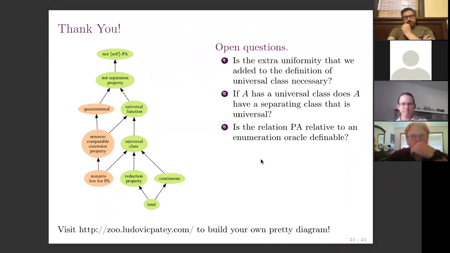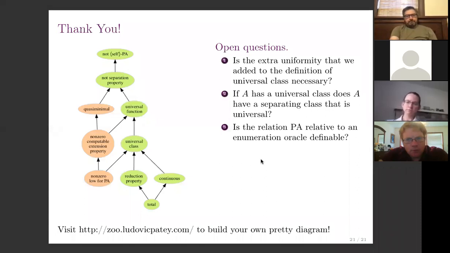For effectively inseparable pairs, you can extend in a way that looks similar, except you're in the enumeration reducibility sense. You're adding something more to your sets effectively. So you're thinking that might be an insight to getting an answer to the second question? Maybe. So I just wonder.